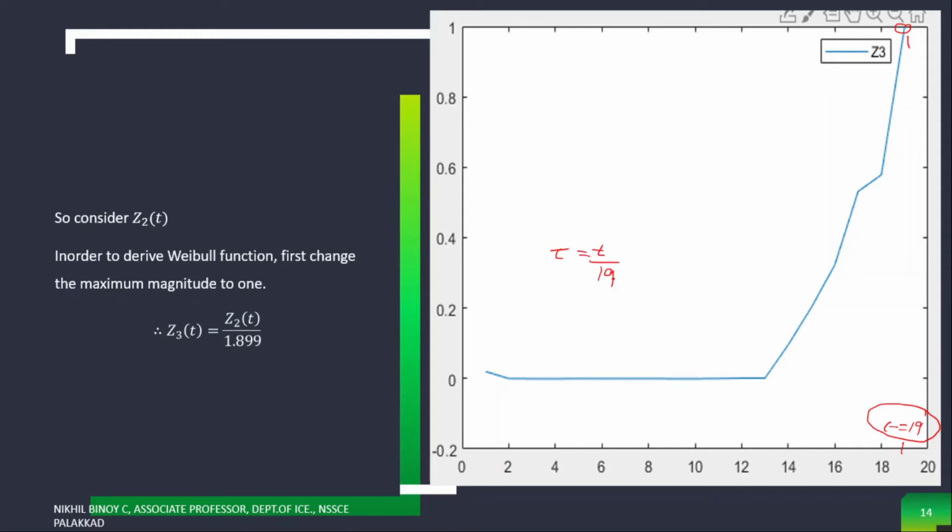Now substitute tau equal to t by 90. The maximum time t equal to 90 is converted to tau equal to 1. So Z3 of t will change to Z3 of tau, where tau is equal to t by 90.